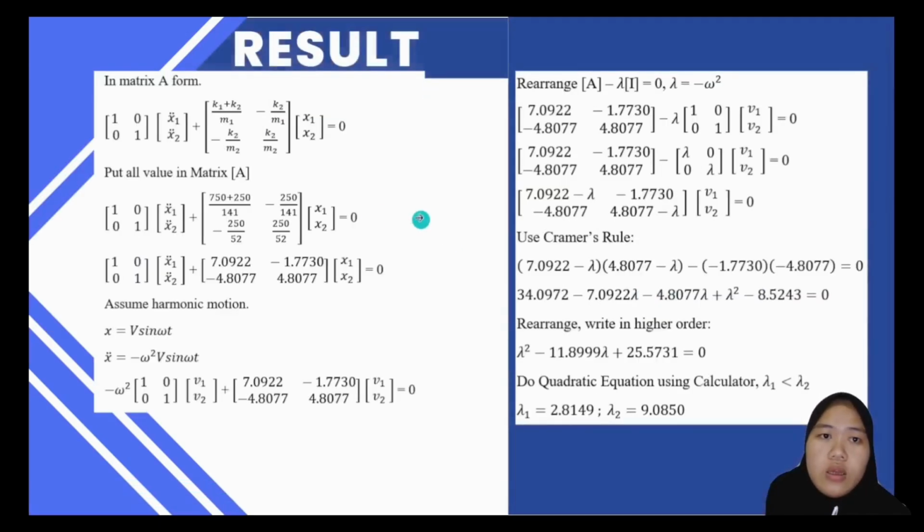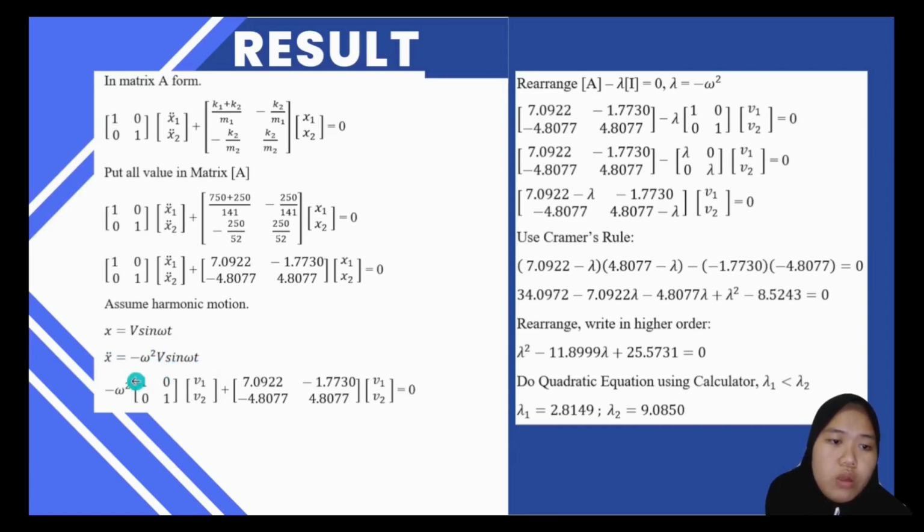Next, we will transfer all the information into matrix A form and put all the values from the previous table into matrix A. Then we will get this matrix. So next, we assume harmonic motion, that is x equals v sine omega t, and x double dot equals negative omega squared v sine omega t.